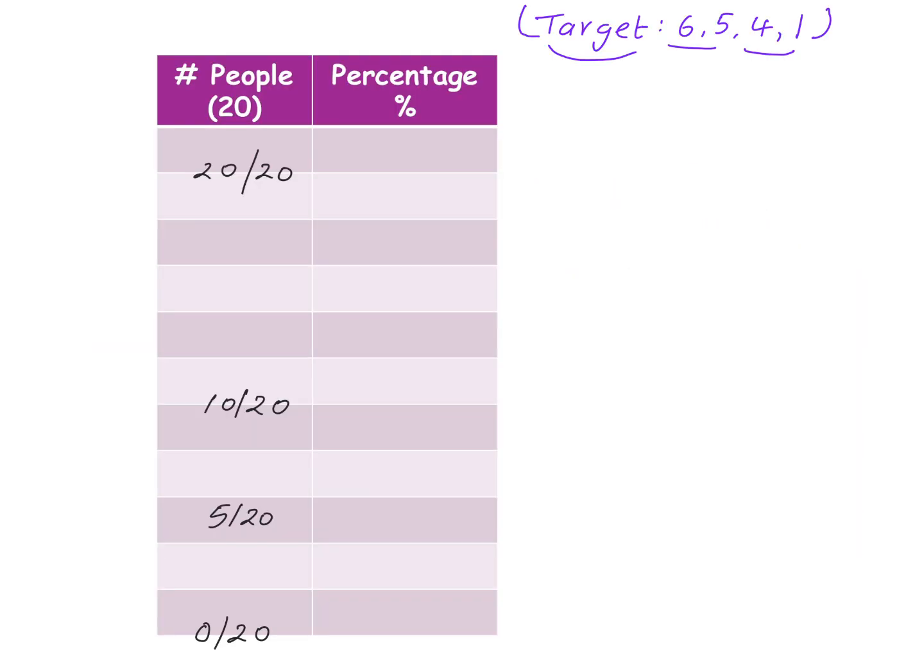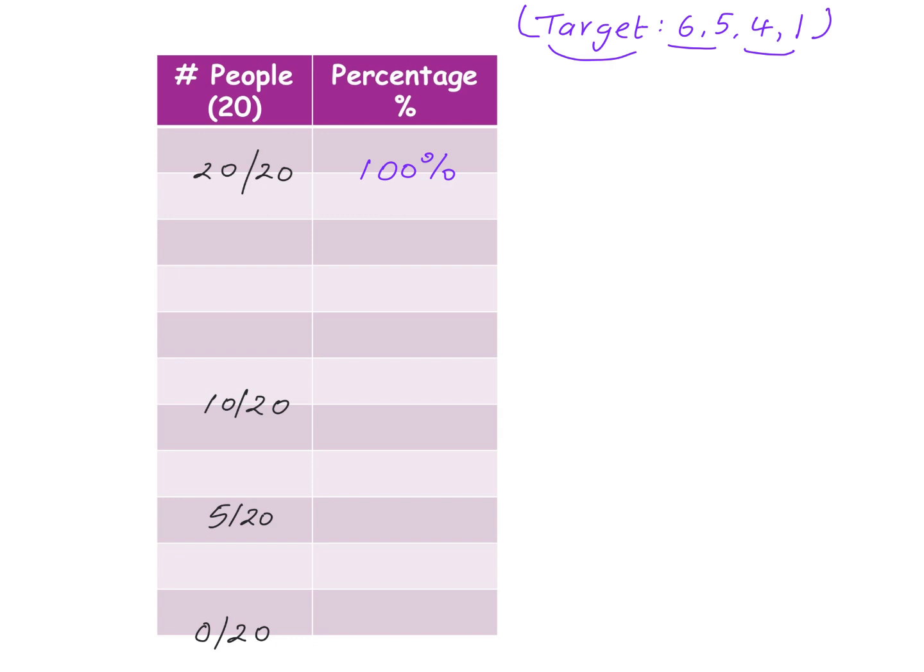Okay, let's convert our raw scores to percentages by reasoning. If 20 out of 20 people loved a certain genre of movies, 20 out of 20 would be 100%, the whole lot.